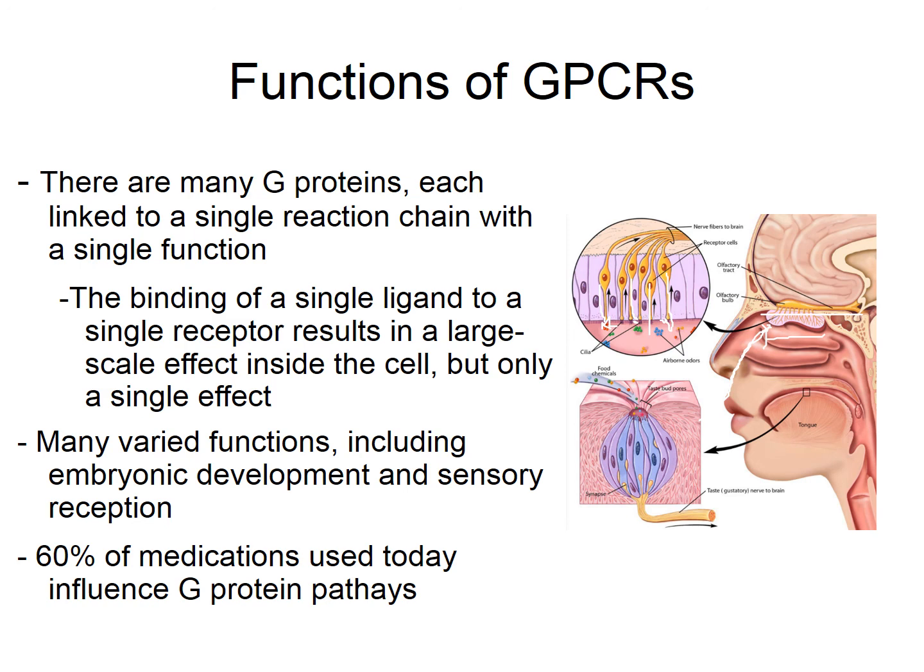That's going to tell your brain, hey, I smell popcorn. If you smell smoke, that's going to have a different G protein pathway associated with it, so that you can send a very specific message to the brain. So G protein pathways tend to be very specific for specific functions.